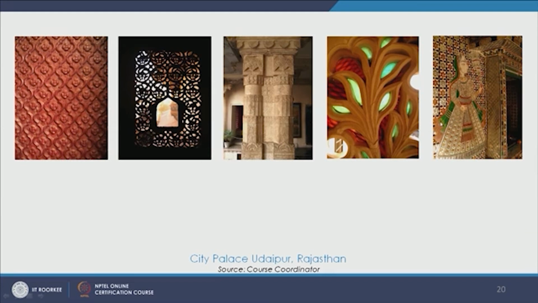Again some more details. Here we see the wood carving, again a stone jali over here, stone carving, we see the twin capitals over here, twin columns. We see a lot of carvings on the stone over here. This is again a stone jali with the colored glass, we see those details.